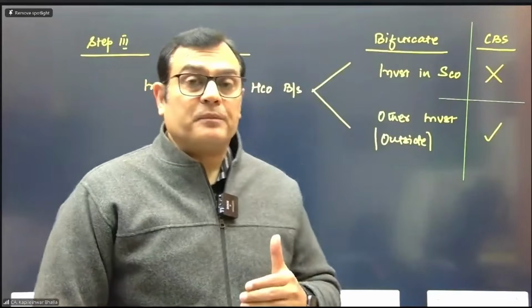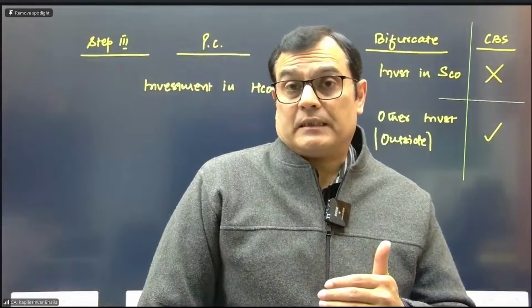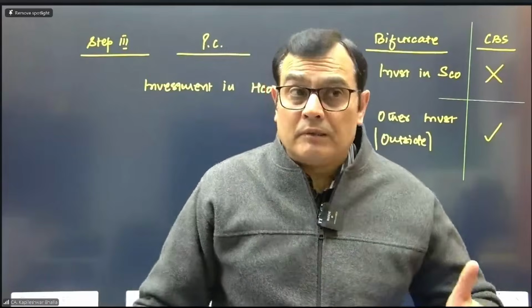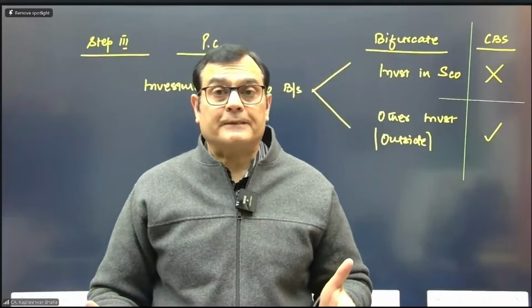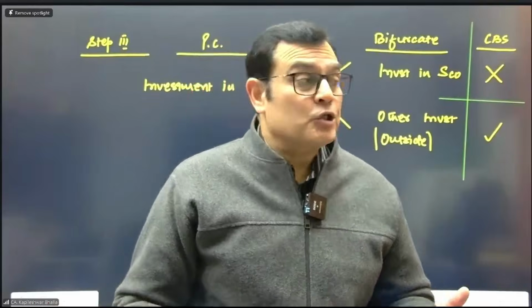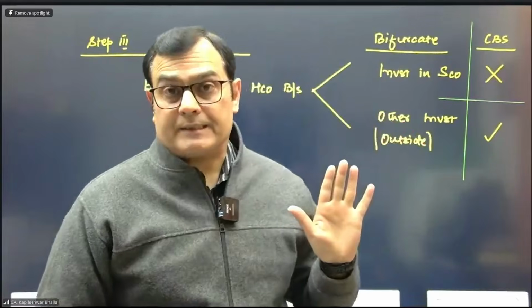So when you go to step number 3, just see if there are any other outside investments, because all the investments in the balance sheet of the parent may not simply be investment in the subsidiary. He might have made other outside investments as well. So identifying those outside investments is going to be a very important task.